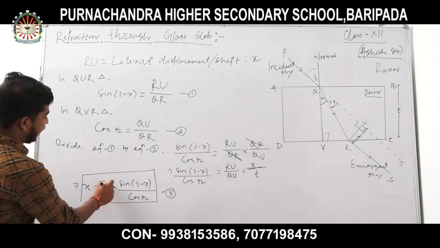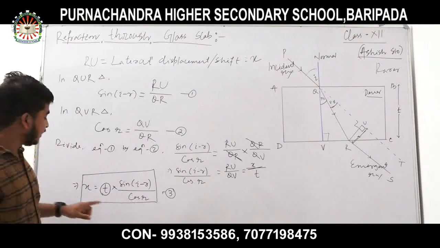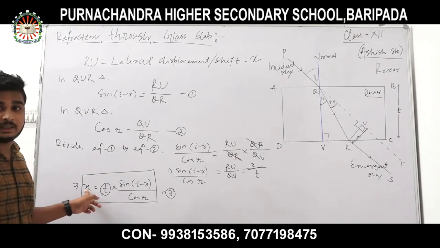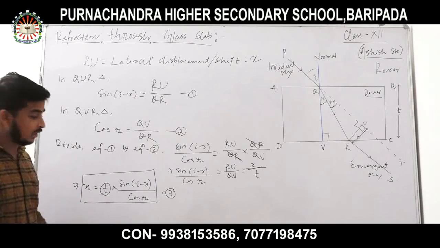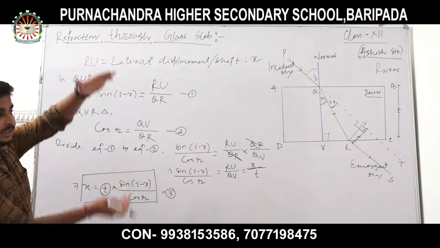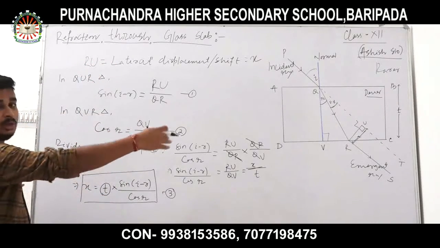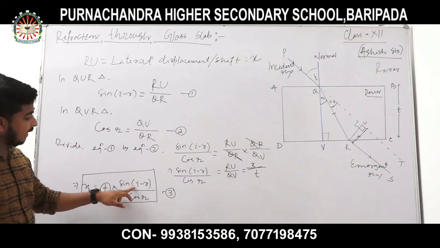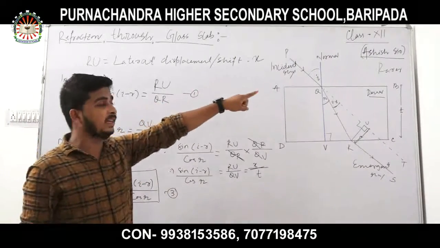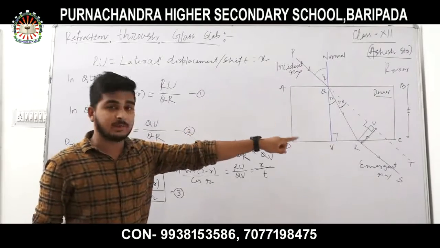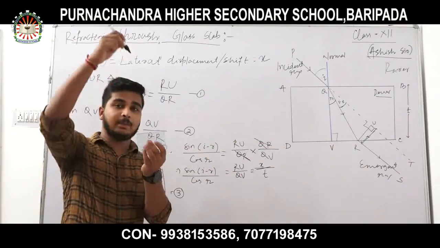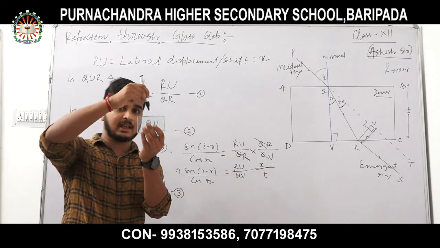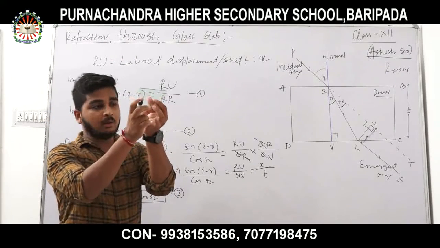So if the thickness of the glass increases, then the lateral displacement will increase, because lateral displacement is directly proportional to thickness. If the thickness of the glass slab increases, then the displacement will be more. And if the angle of incidence i is more, then the displacement will be more. I have previously discussed that a ray of light incident normally on a glass slab will go out normally.